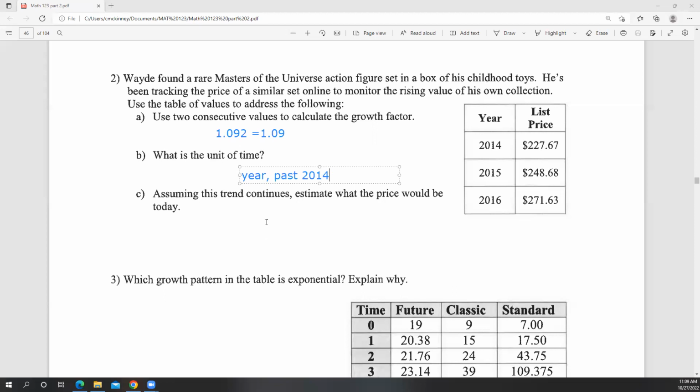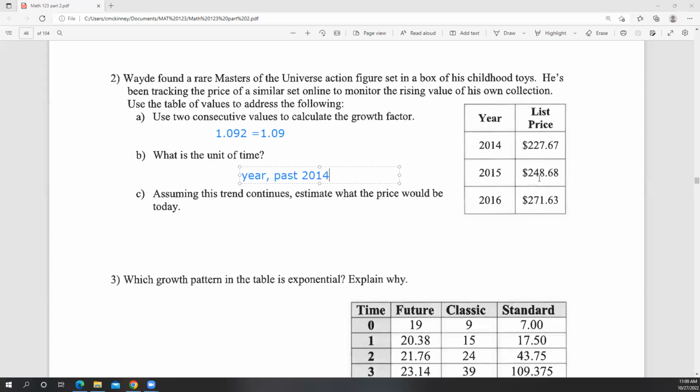You got that number for A by dividing the list price, right? Yes. 227, 57, 271. No, it has to be 2 of them that are next to each other. So it has to be consecutive. It could either be 271.63 divided by 248.68 or 248.68 divided by 227.67.